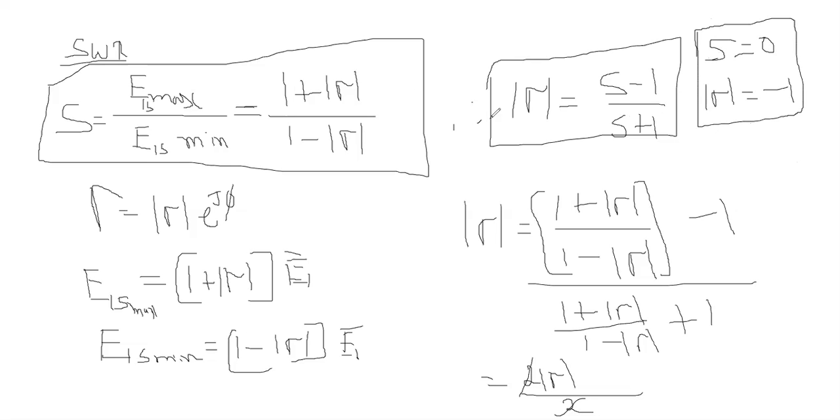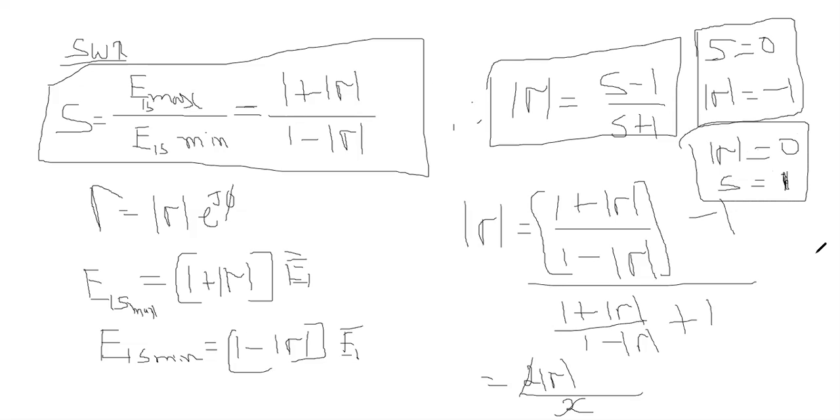When the reflection coefficient is equal to 0, what is S? S is 1 plus 0 by 1 minus 0, so S is equal to 1. So S varies from 0 to 1: when S is 0, the reflection coefficient is minus 1, and when S is 1, the reflection coefficient is 0.